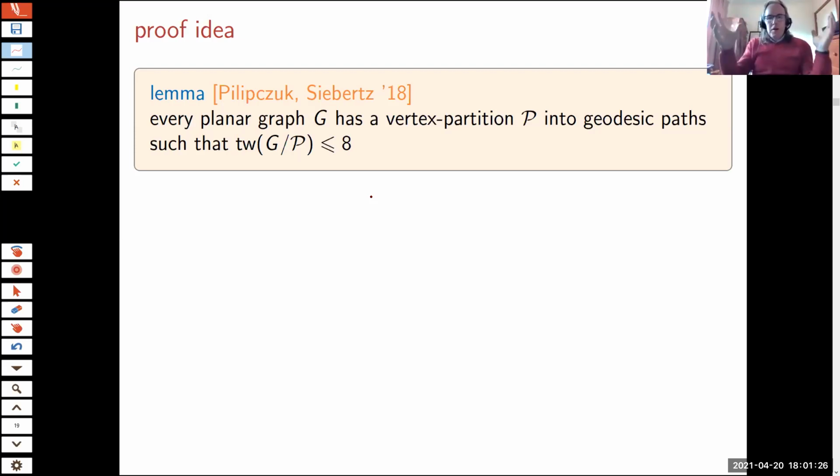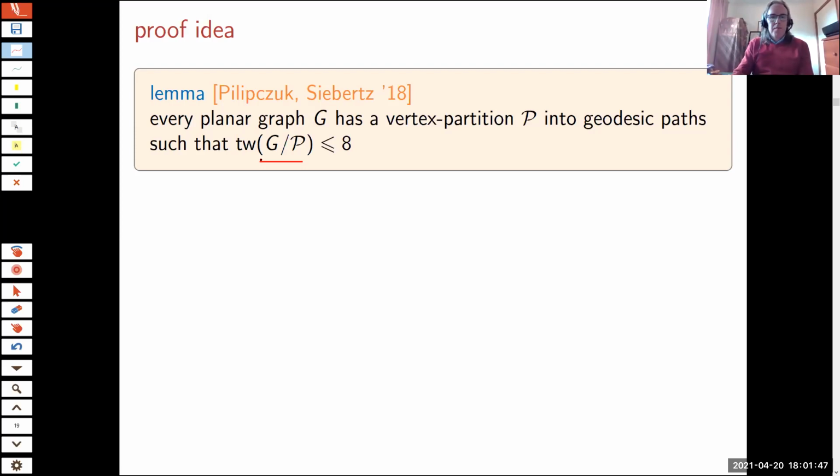So you can partition the whole graph into geodesic paths, and then this notation G/P means contract each of the paths in your partition down to a single vertex. So you think of it as taking a quotient from this partition, and then the graph after doing the contraction has bounded tree width.